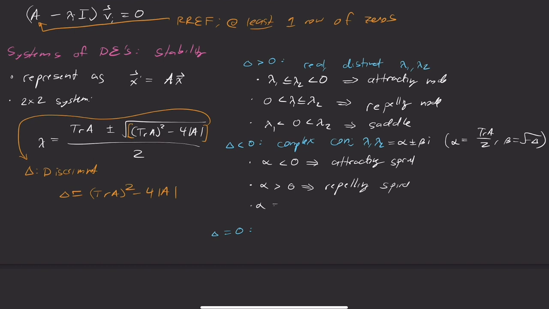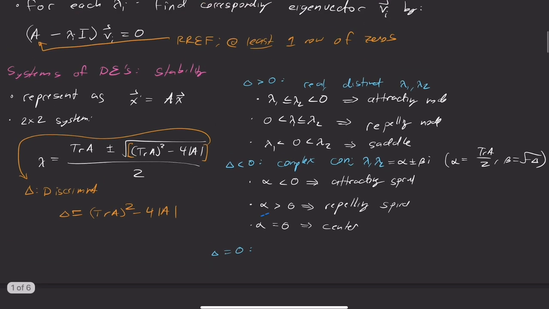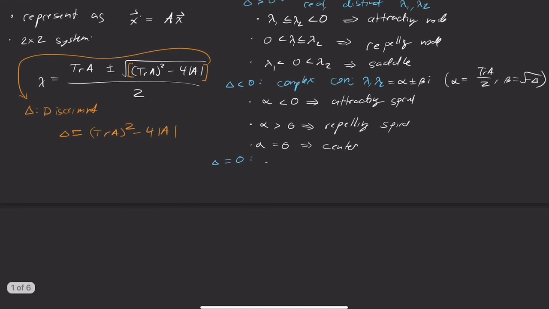And if my alpha is equal to 0, then I'll be at a center point. The last case I want to consider is if your discriminant is equal to 0. There are two interesting cases here. You're only going to have one eigenvalue, but this could lead to either one linearly independent eigenvector, or two linearly independent eigenvectors.